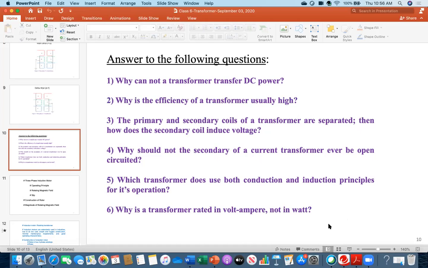Oh, okay, Sam. Please go ahead. What you said once again? Yeah, I just said, is it because the transformer is rated in apparent power instead of real power? Yeah, I mean, that is the question: why is a transformer rated in volt ampere, meaning apparent power, as you are saying, not in real power? Yes, that's the question.